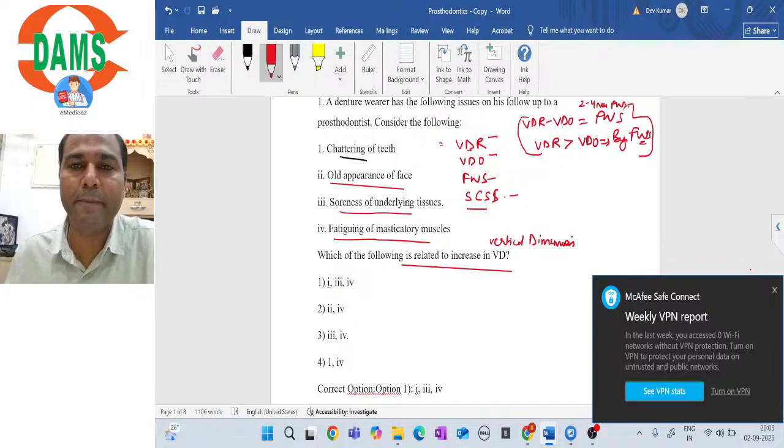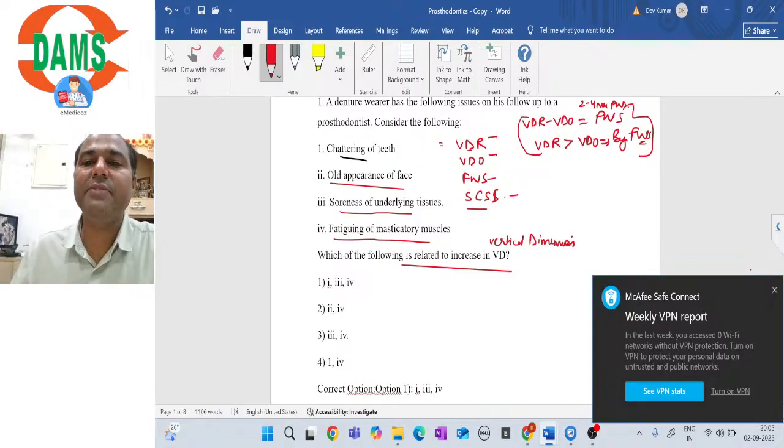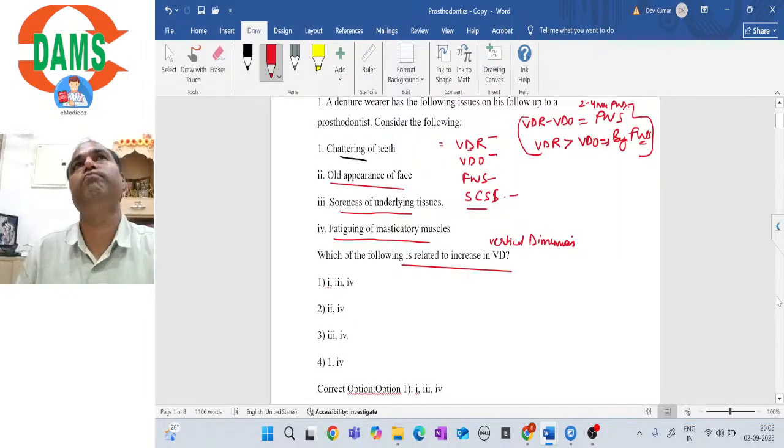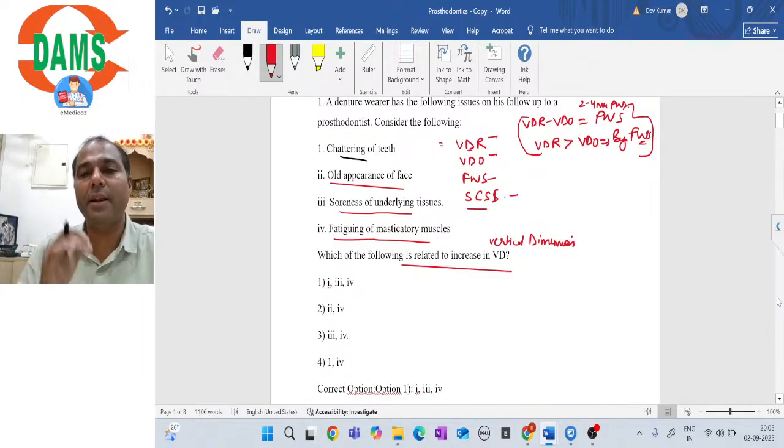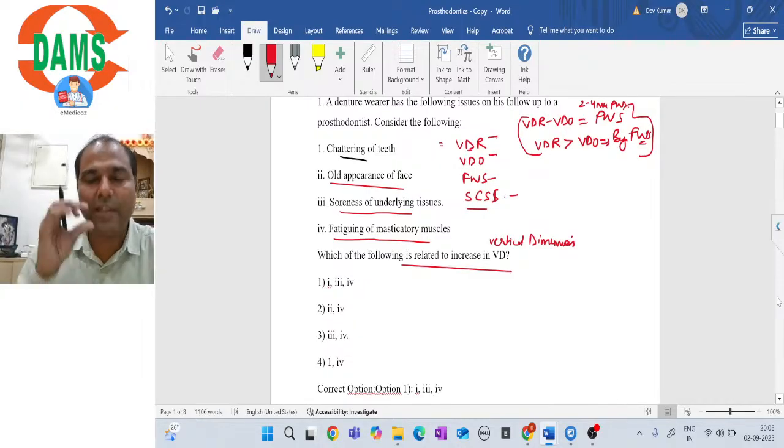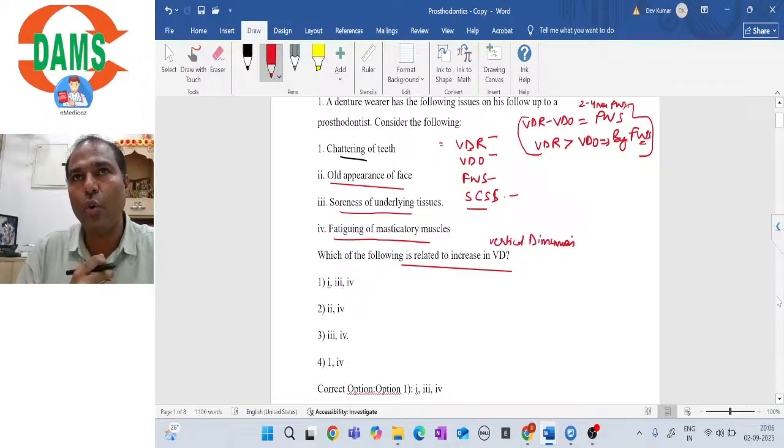Now we should understand, VDR is when the mandible is in physiological rest position. So when the patient is at rest, just all of you remain at rest, be calm and see how your mandible slightly opens up and there is no contact between the upper and lower teeth.